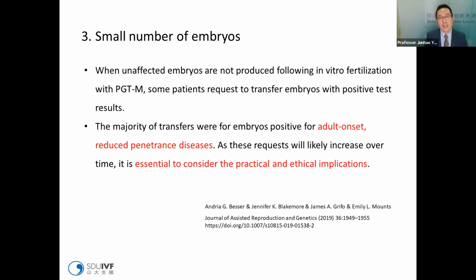When unaffected embryos are not produced following IVF with PGT-M, some patients may want to request to transfer embryos with the positive test result. So the majority of transfers were for embryos positive for adult-onset reduced penetrance diseases. As this request will likely increase over time, it is essential to consider the practical and ethical implications.